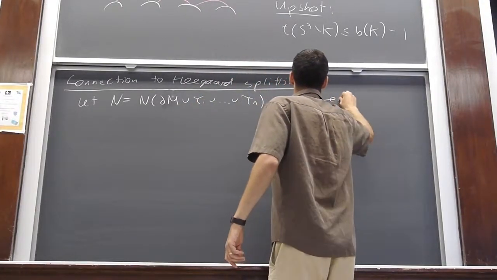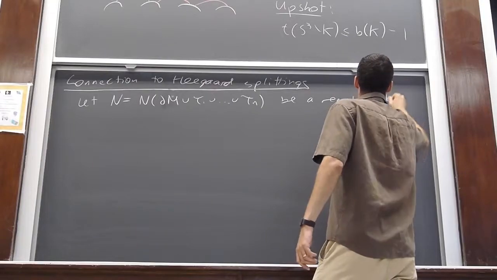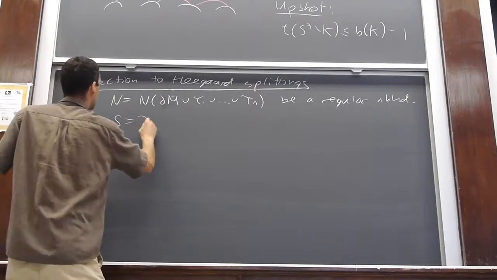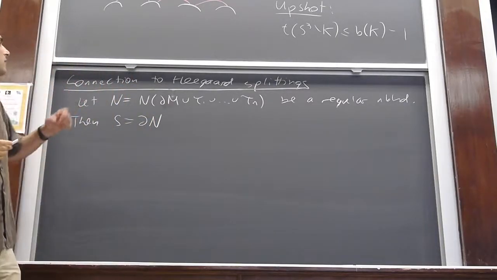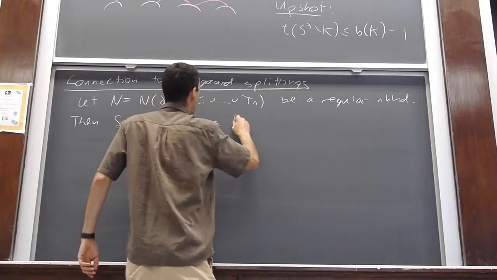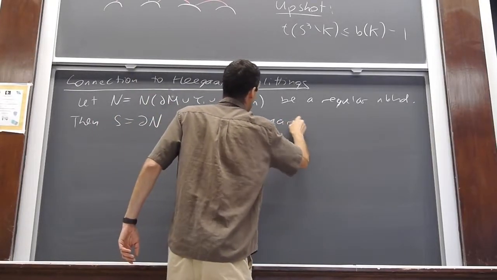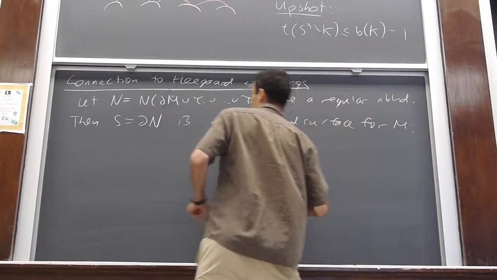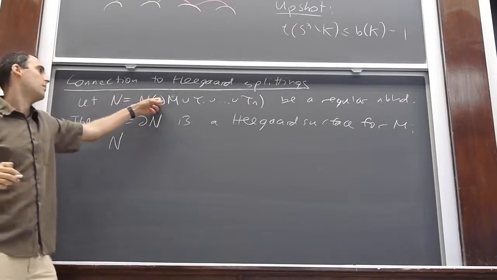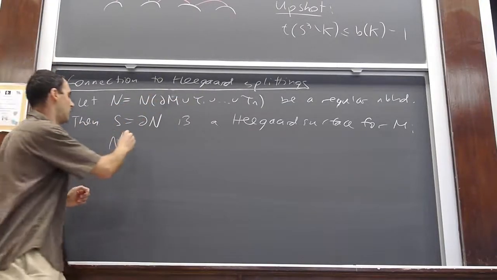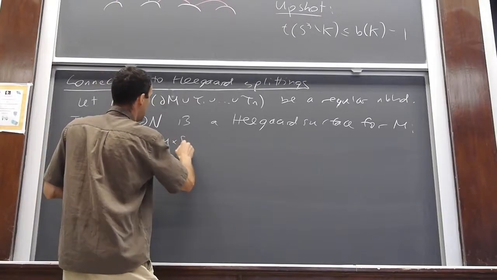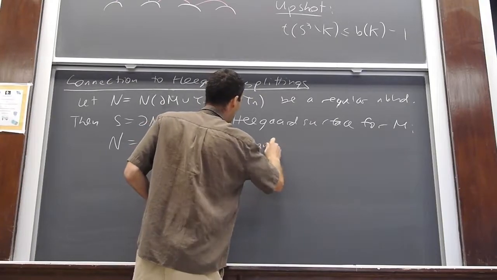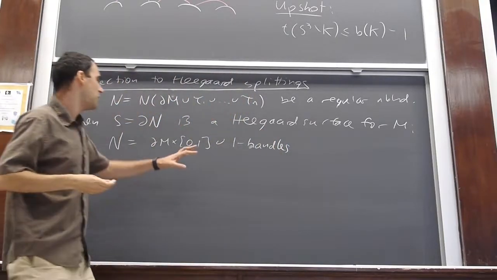And then S, which is the boundary of that regular neighborhood, is a Heegaard surface for M, where N is the boundary thickened across [0, 1] union 1-handles for the tunnels. It's pretty much the definition of a compression body.